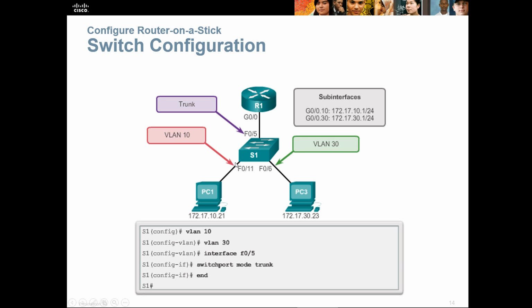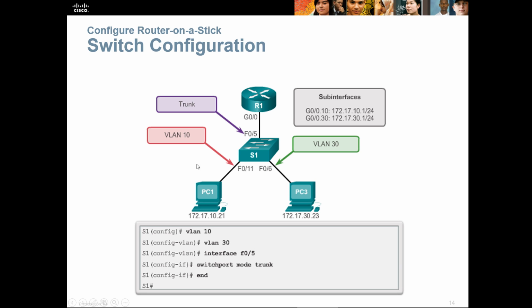Here is VLAN 10, here's VLAN 30, and there would be a trunk between S1 and the router. On the router, we would have a sub-interface. Since it's physically plugged into G0/0, we would use a sub-interface G0/0.10.